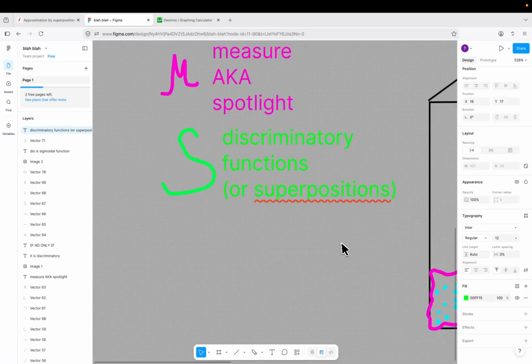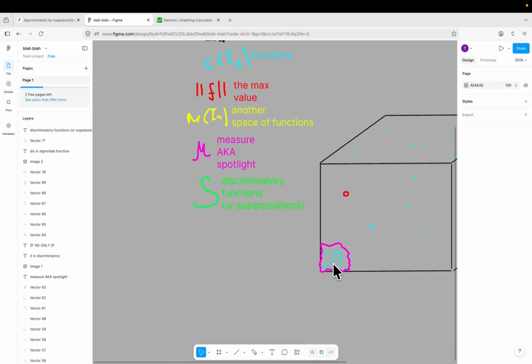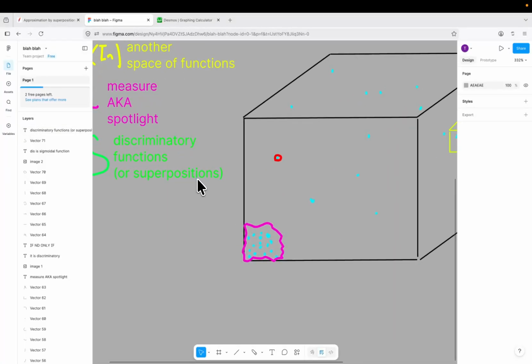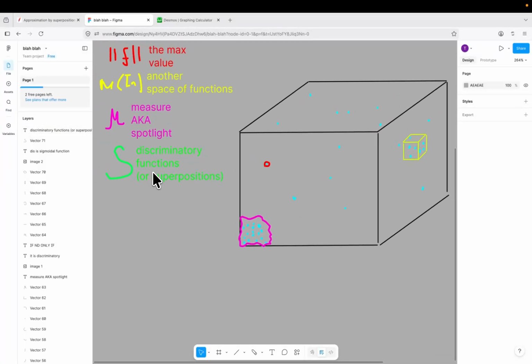I think I can probably infer that the superposition of discriminatory functions is also a discriminatory function. But to be completely honest, I'm not sure, so to be entirely sure, I'm going to write these superpositions. But again, maybe it's not true, whatever.